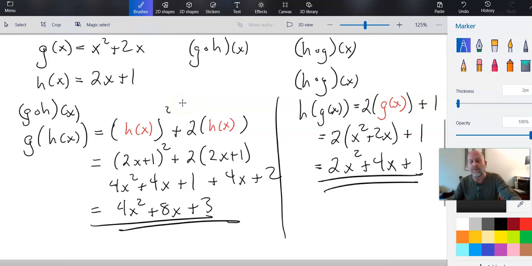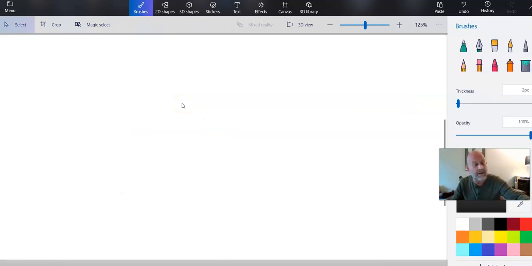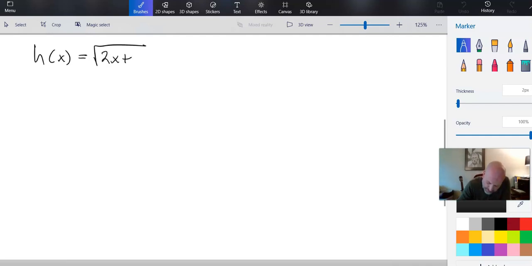So let's take a look at another one here. So let's get rid of that. Okay, so let's suppose we have h of x is equal to the square root of 2x plus 1, and r of x is equal to x squared plus 4.